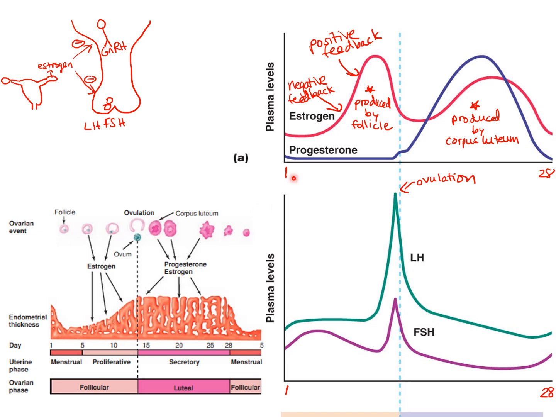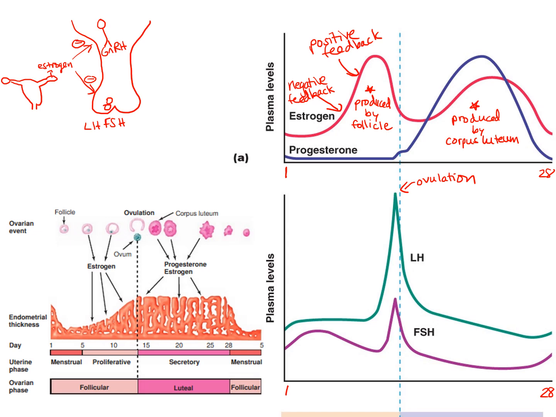Right before ovulation, we do get a little decrease in the estrogen being produced, and that's just because the egg, as it's getting ready to be ovulated, stops producing quite as much estrogen. And once it is ovulated, it doesn't produce as much estrogen at all. And that will stop the LH surge because we lose that positive feedback. So that's what turns that one off.